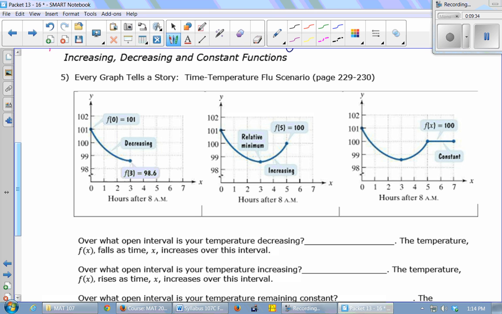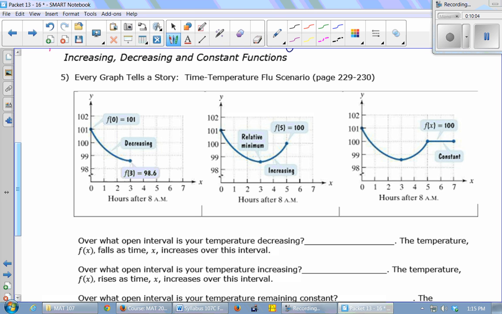So over what open interval is temperature decreasing? So this graph represents a person's temperature. On what time interval is their temperature going down? Not per hour, just in what hours was it going down?